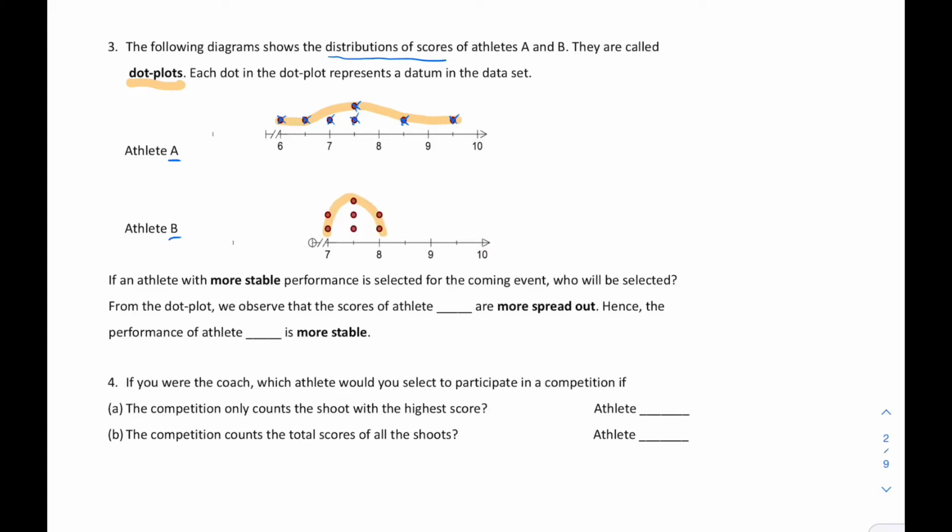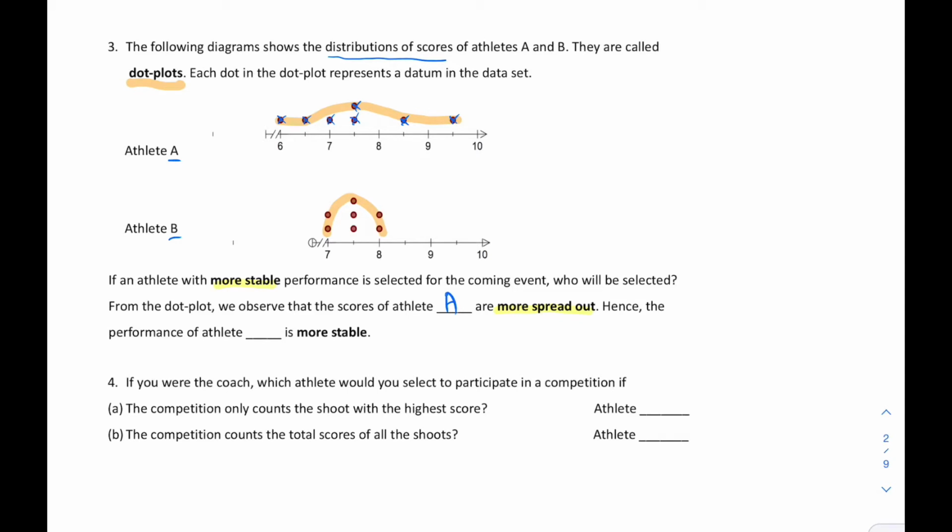So from the dot plots, can you conclude, if we want a more stable athlete to be selected for upcoming events, who will be selected? From the dot plots, we observe that the scores of athlete A are more spread out.